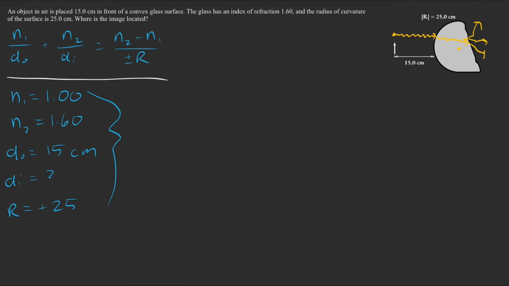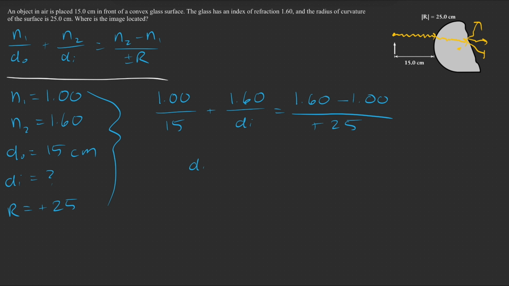Now, like I said earlier, we're going to plug this in. So we get 1 over dO, which is 15, plus 1.60 over di, which is equal to 1.60 minus 1, all of that over positive 25.